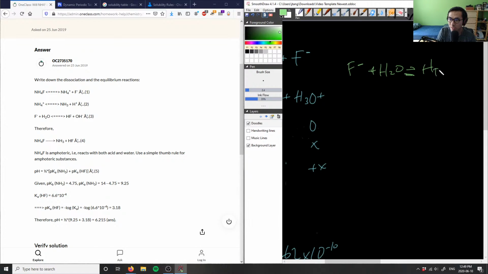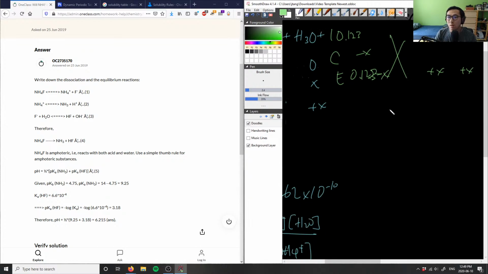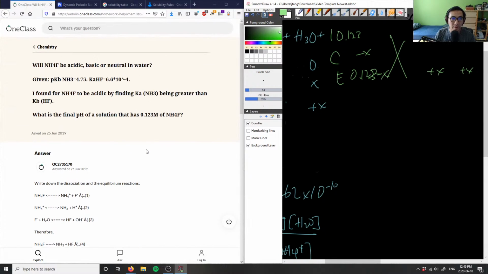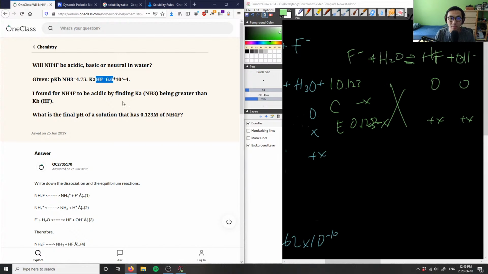So let me just write down what I would do, because I have, again, 0.123, and then I'm basically creating another ice table here. So this is 0.123 minus x. This would be plus x and plus x here. And then I have a Ka of HF here, but I need my Kb value because I'm working in OH minus.